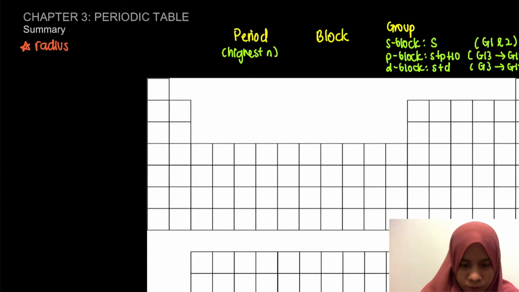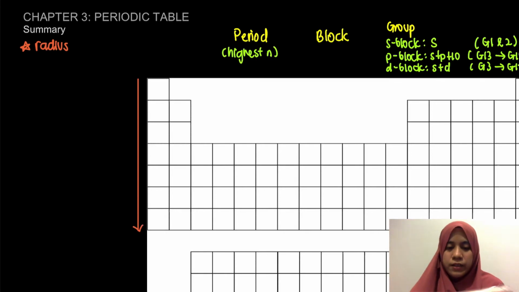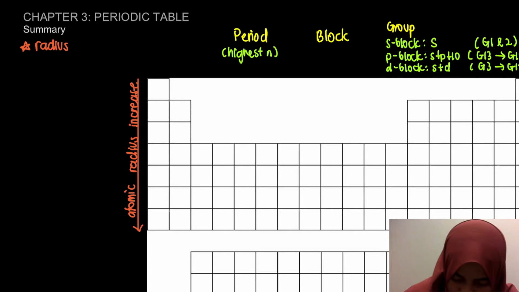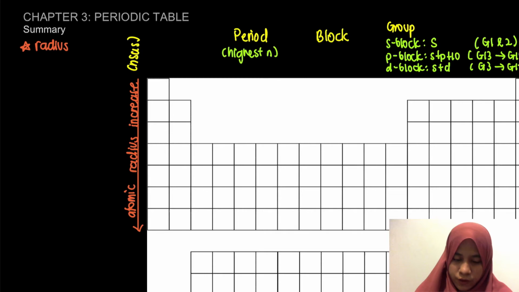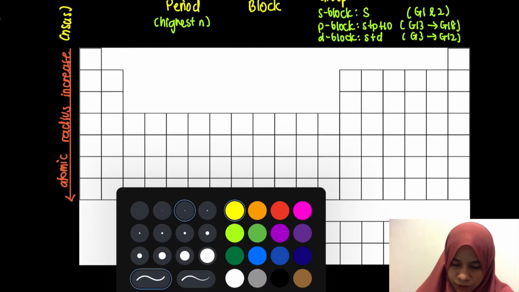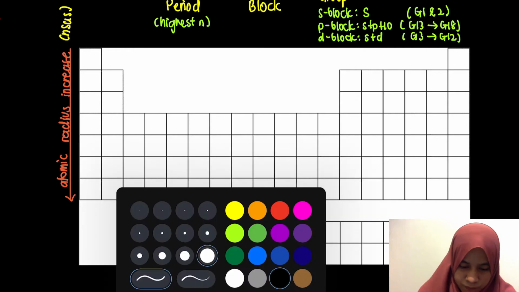Down the group, atomic radius will increase. Why? Remember our ansas. I'm going to delete the F block.